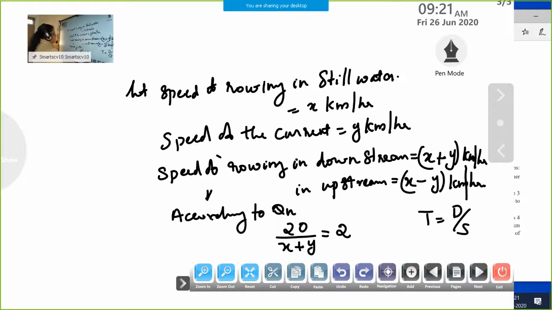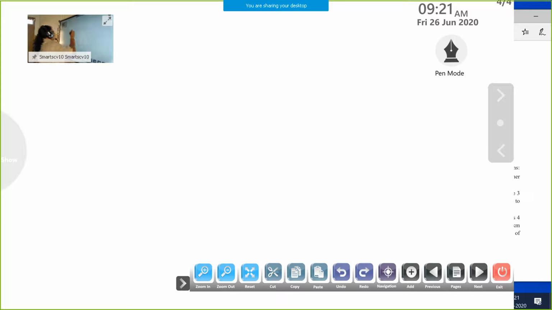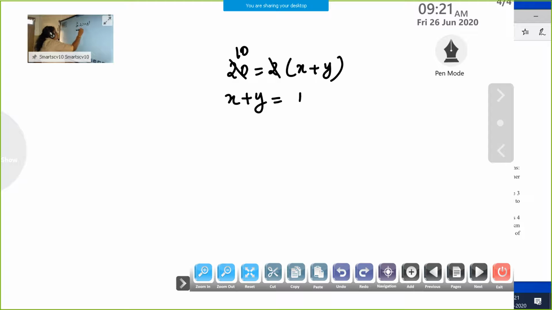That is our first equation. Cross multiply: 20 is equal to 2 into x plus y. 2 and 20 cancel by 10. That means our first equation is x plus y is equal to 10. Equation number 1: x plus y is equal to 10.